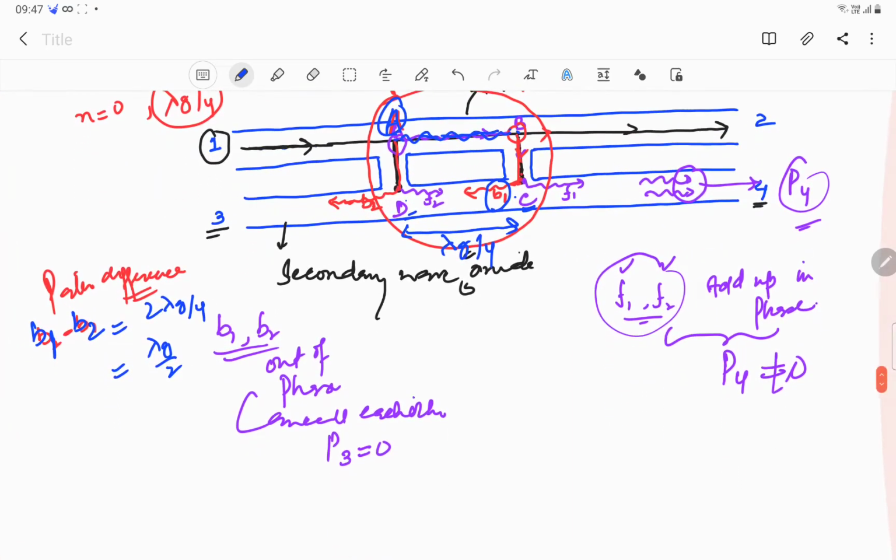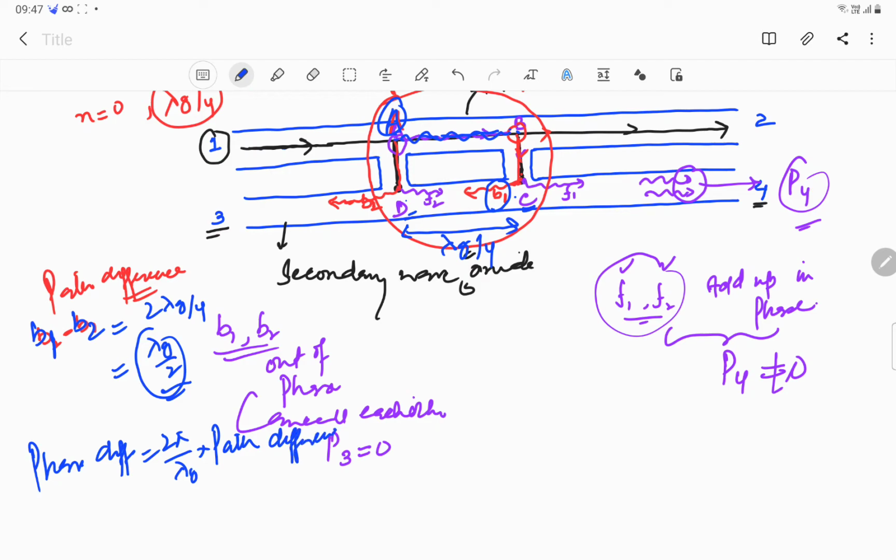Now what is the phase difference corresponding to a distance of lambda g by 2? Phase difference would be 2 pi upon lambda g into path difference. So it is 2 pi upon lambda g into lambda g upon 2. Lambda g cancels, 2 cancels, and we get pi radians or 180 degrees.